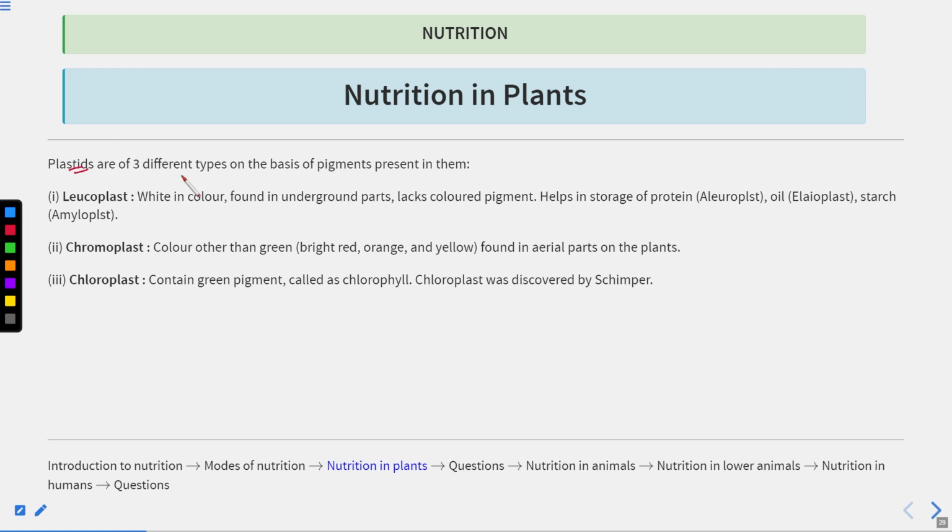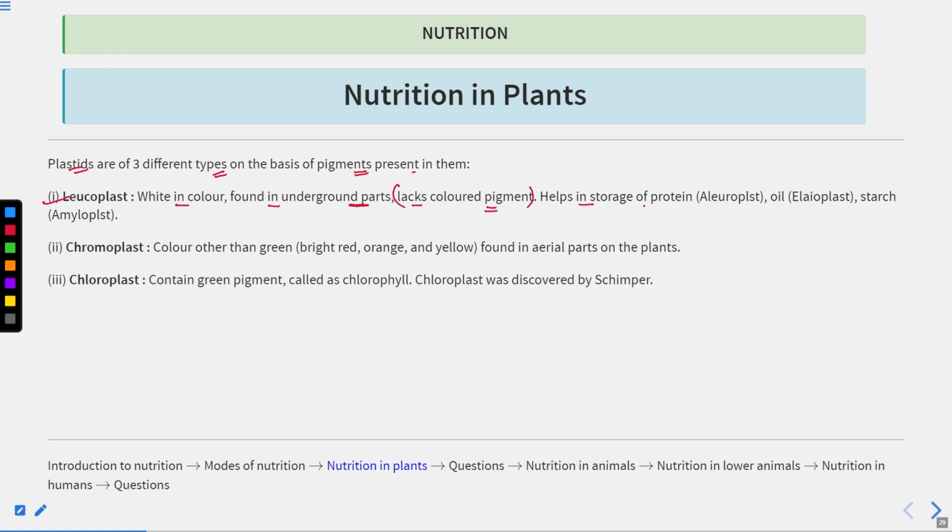The plastids are of three types on the basis of pigments present in them. Okay. First is leucoplast. So, leucoplasts are white in color. They are found in the underground parts and they lack the colored pigments. So, no pigments are present in leucoplast. And what is the function of the leucoplast?